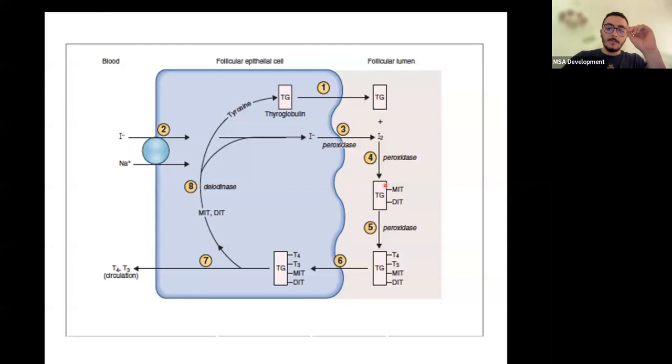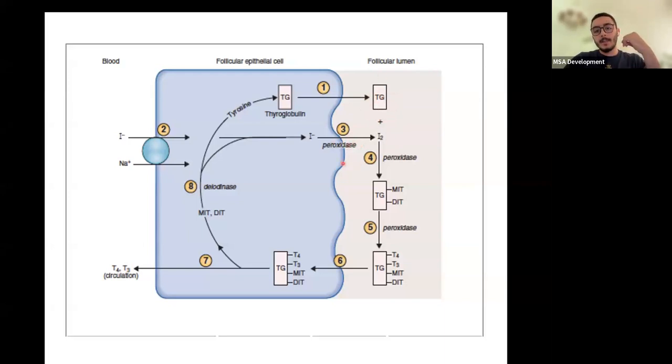In order for you to understand, I want you to imagine thyroglobulin as the taxi for thyroxine. It is taking the ingredients step by step from enzyme to enzyme until we have full thyroxine, full T4 and T3, to be secreted into the blood. So at the earliest step, we had thyroglobulin with tyrosine on it.